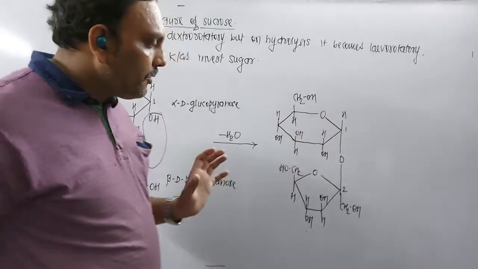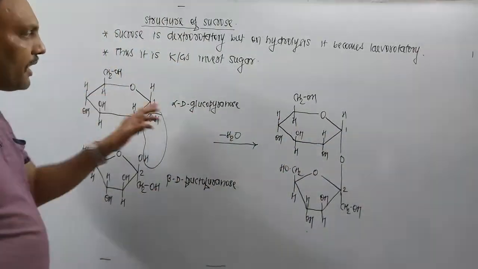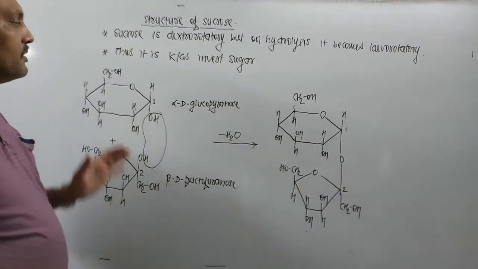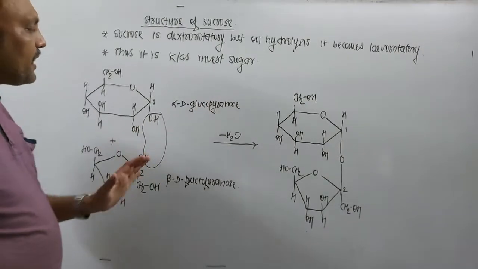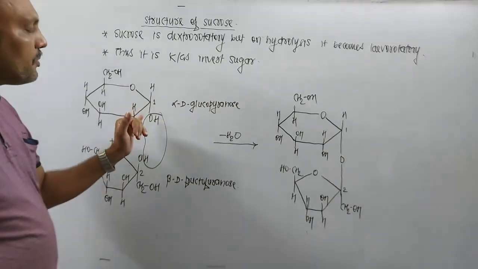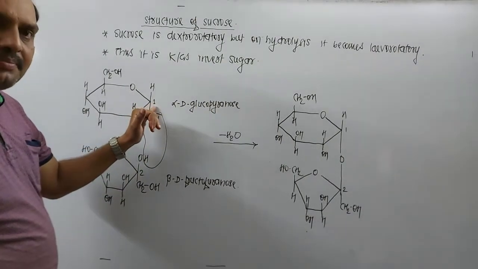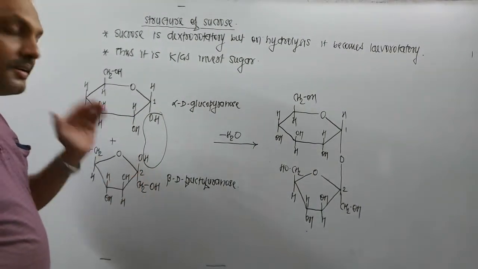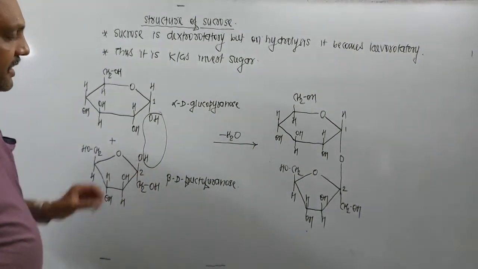Now, the question is exactly what is happening. So, reducing groups of alpha D glucopyranose and beta D fructofuranose should be known. In case of alpha D glucopyranose, the reducing group is present at carbon number first, and in case of this, at carbon number second. So what is happening right here?